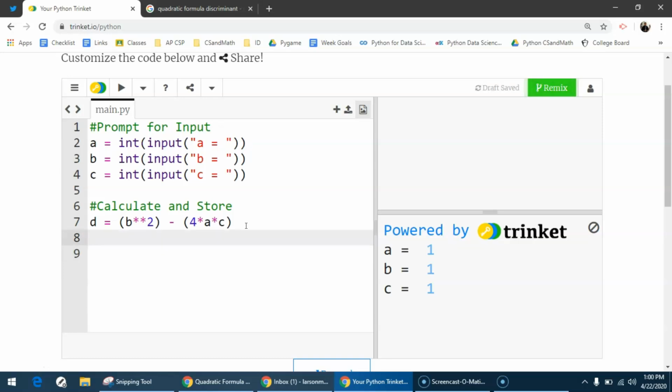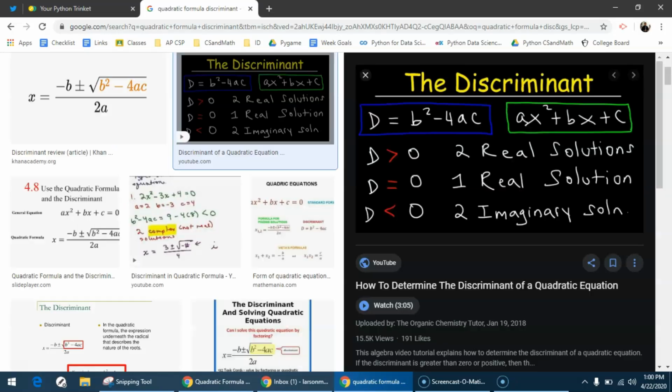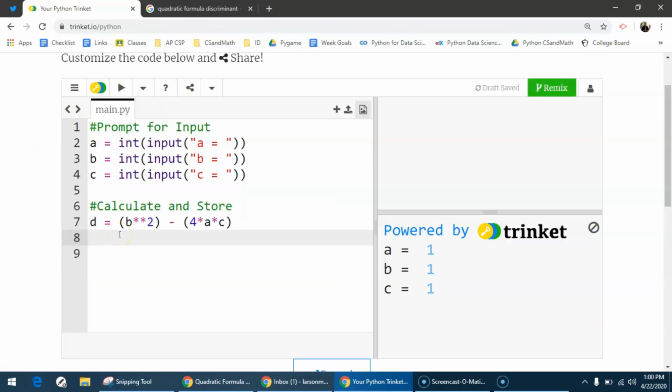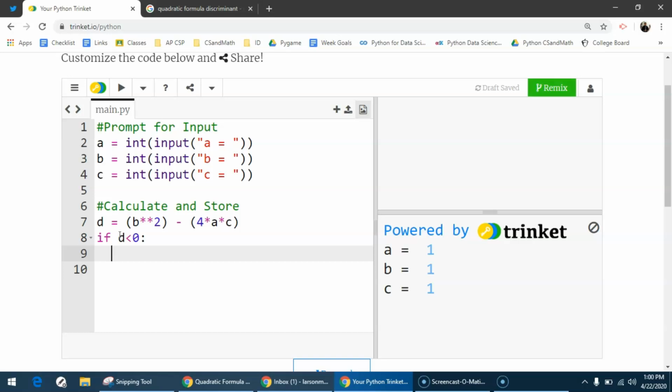Now here's where we want to add our if-else logic. Like we just talked about in this image here, these are our three scenarios. So really, if that d value is less than 0, that's where we want to print out no real solutions, right?